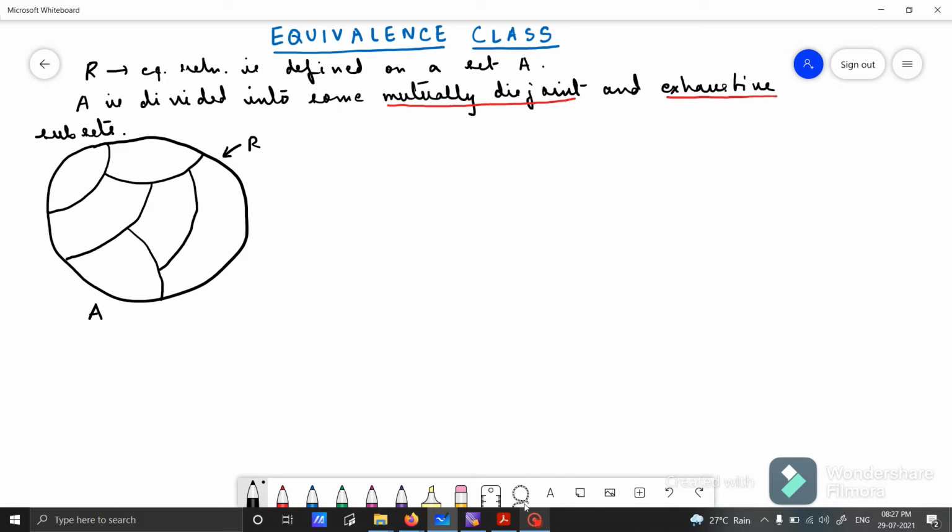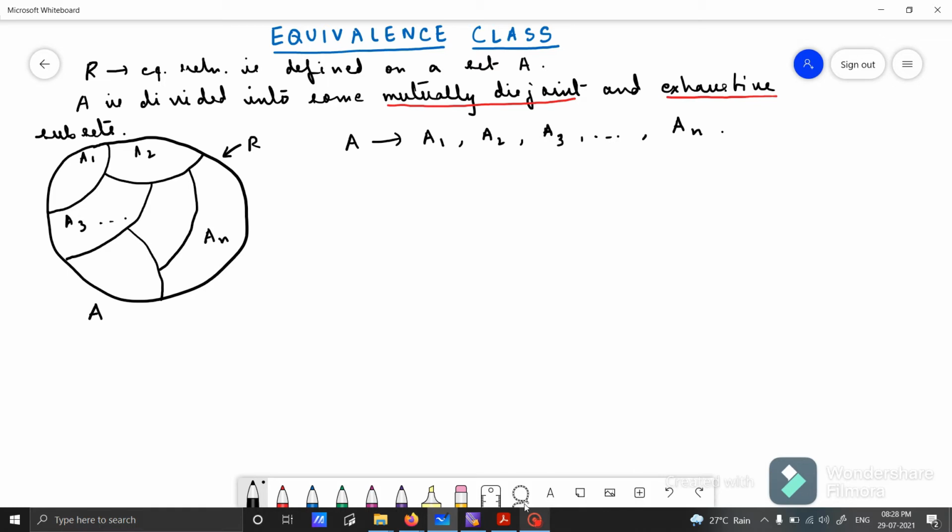Let us name them A1, A2, A3, ... and AN. So the set A has been divided into these compartments A1, A2, A3, ... AN.